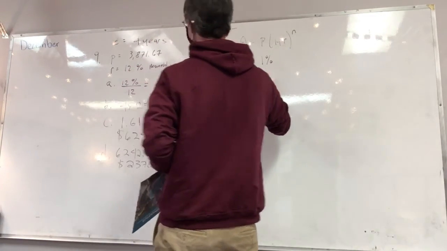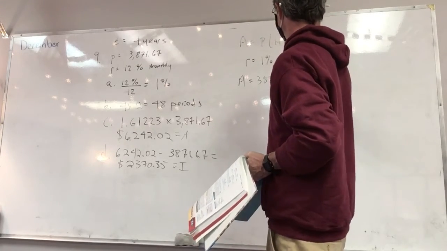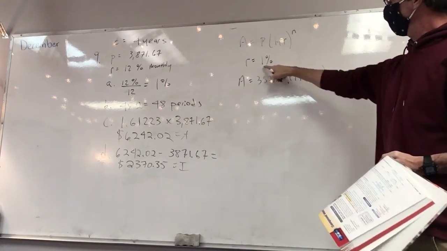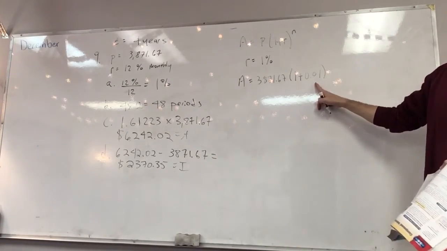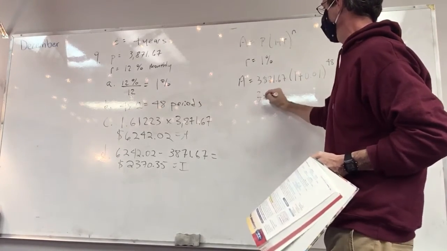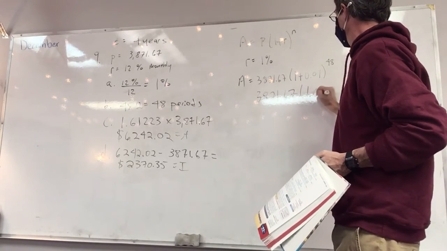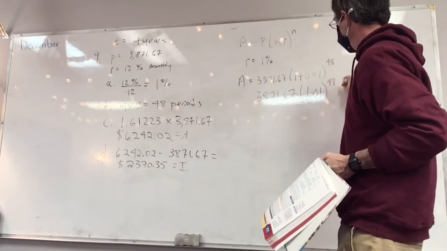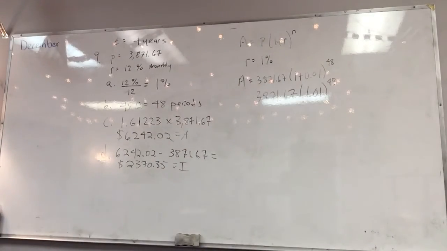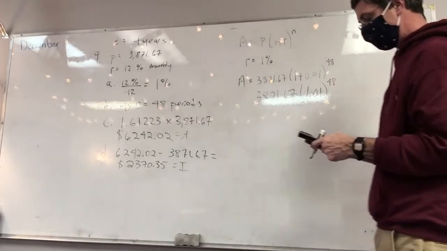So then we do A is equal to 3,871.67 times (1 plus, now we do need to make this back a fraction, okay?) and then our n is 48. So to simplify that one more time, 3871.67 times 1.01 to the 48. And I'm going to put that in my calculator. 1.01 to the 48.